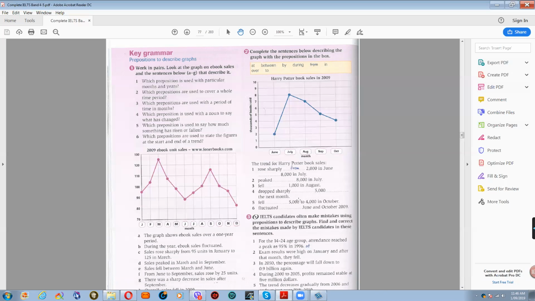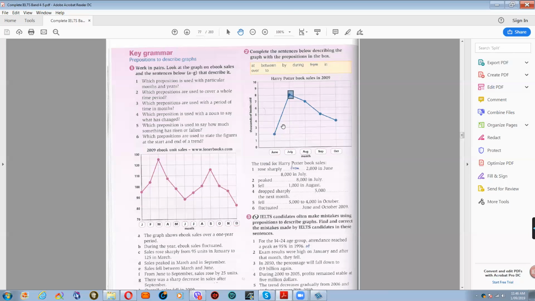Dropped sharply from 5,000 to... No, not 2. The next month. From. Between. Let's have a look. Where did it drop 5,000? There's 8,000, yes?